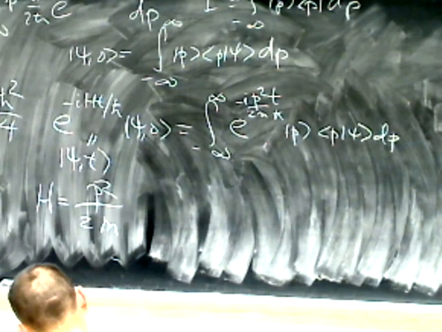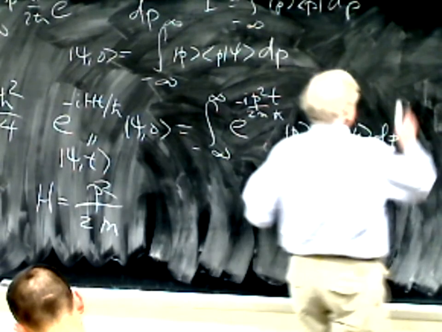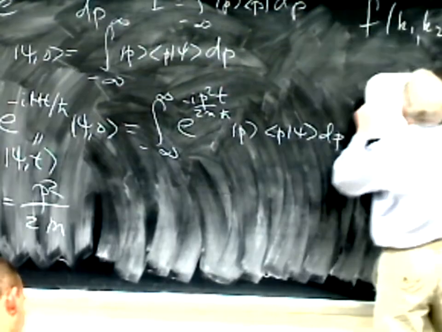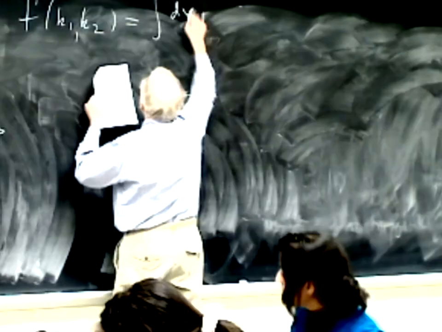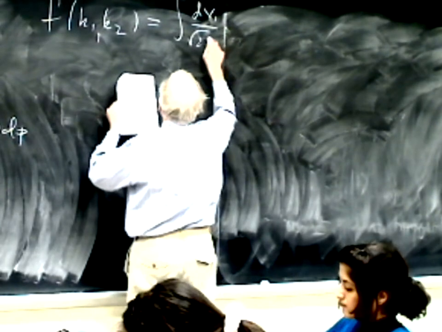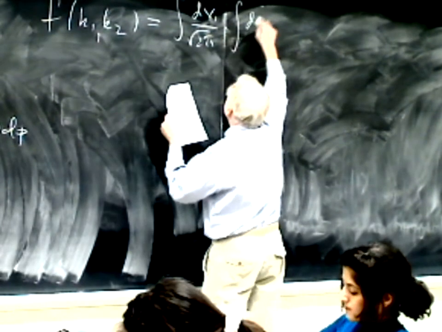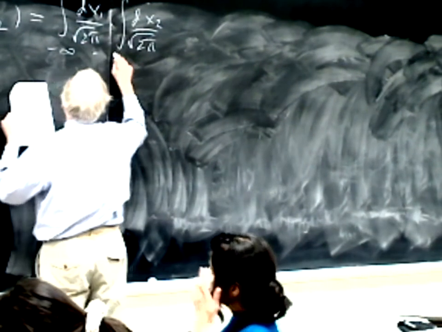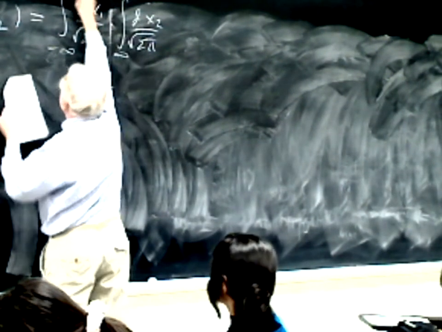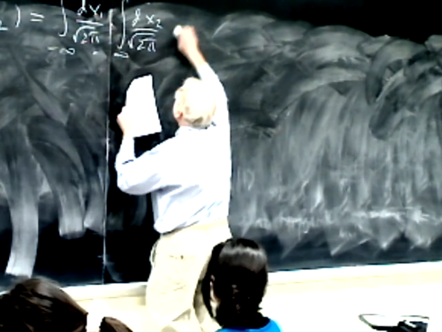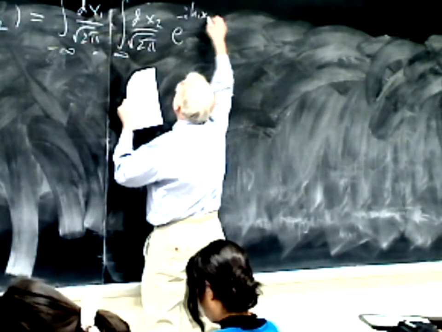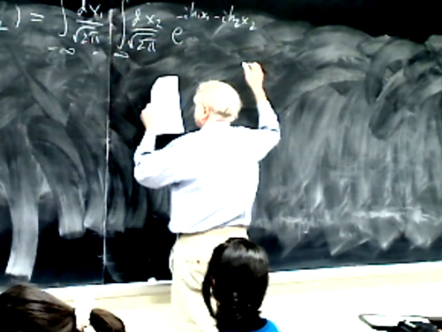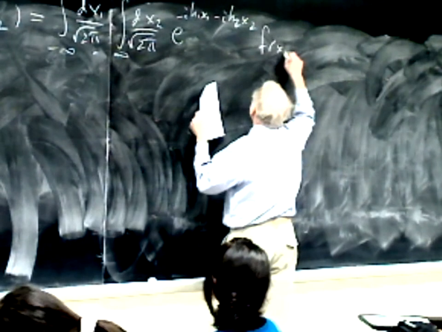Namely, the Fourier transform f hat of k1 and k2 is an integral dx1 over root 2 pi, integral dx2 over root 2 pi, all of these going from minus infinity to plus infinity, e to the minus i k1 x1 minus i k2 x2, f of x1, x2.